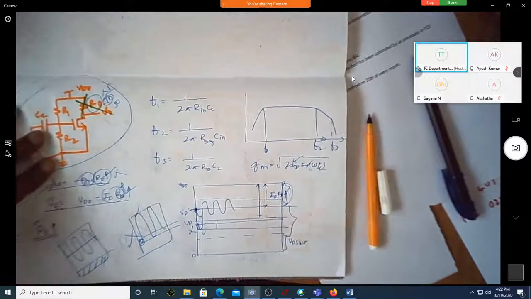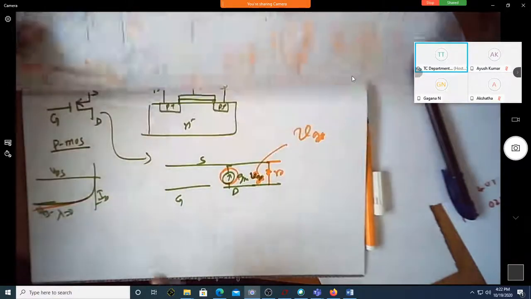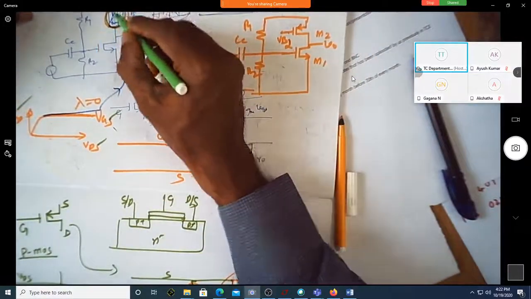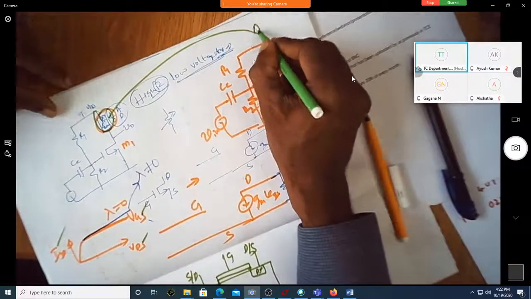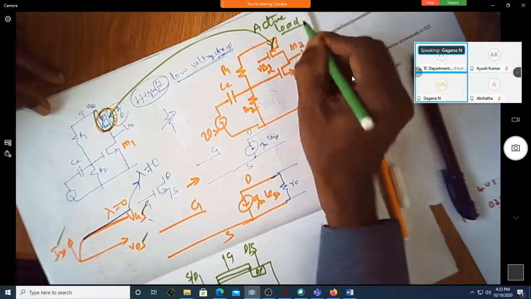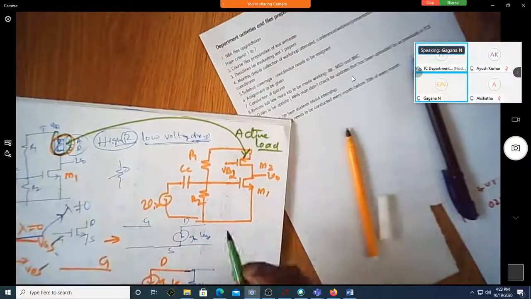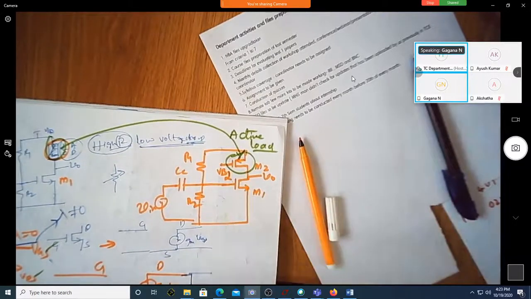You will never use a passive resistor for larger gain. So we are using a different load in the form of a MOSFET. We call this an active load, because the MOSFET is an active element that is now acting like a load.